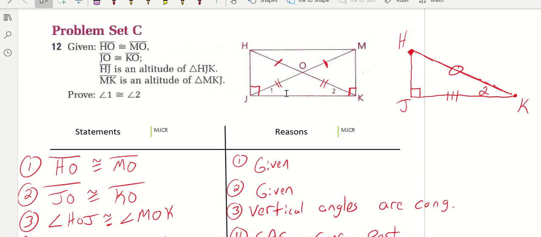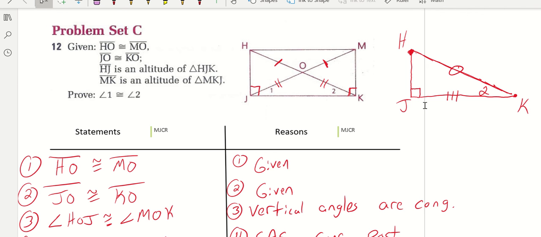We're trying to show that angle 1 is congruent to angle 2. Angle 1 shows up in triangle MKJ. Angle 1 is one of those vertex angles. And angle 2 shows up in HJK. That is one of those vertex angles. So if I can show these two triangles are congruent, I can probably use CPCTC to show that those two angles are congruent. Now, those two angles are overlapping.